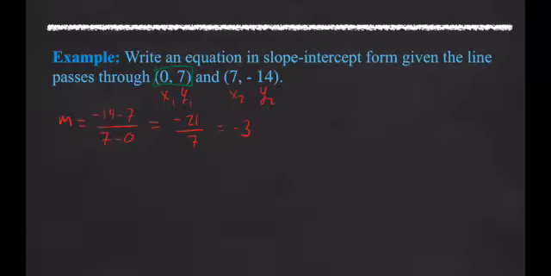Anytime you see 0 in the x place, that's a y-intercept. So we already know the y-intercept, so now we just have to substitute. y is equal to slope, which is negative 3, x, our y-intercept is 7, so plus 7. And that is slope-intercept form.